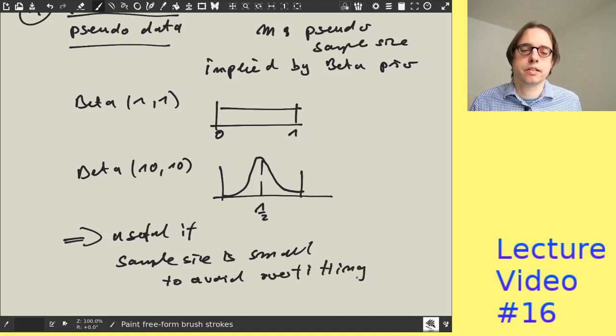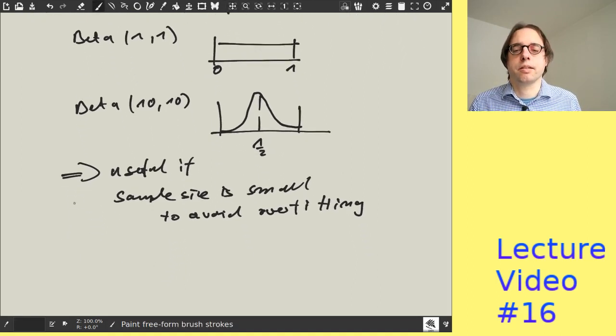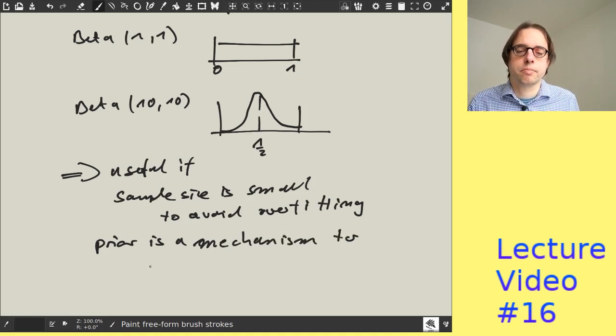I've told you before that likelihood methods are prone to overfitting, and they're only optimal for large sample size. So for small sample size, the mechanism to bring in extra information is the prior. The prior is a mechanism to bring in extra information.